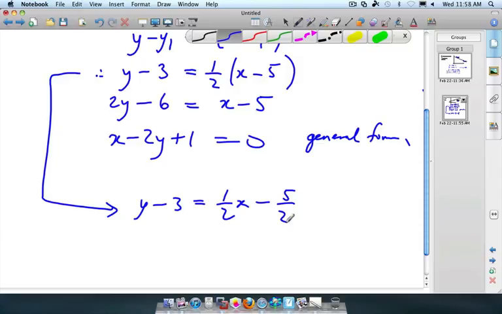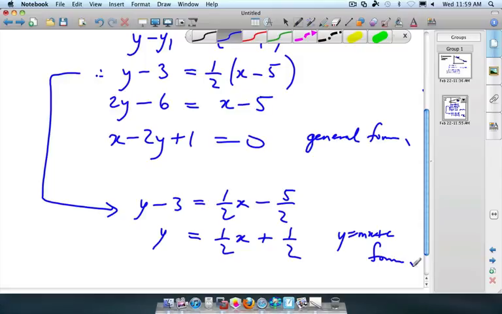I've just expanded the half into the bracket. And I'm going to take my negative 3 and put it over there. Okay, if I do that, y equals a half x, negative 2.5, add on 3, positive a half. And that is called y equals mx plus c form.